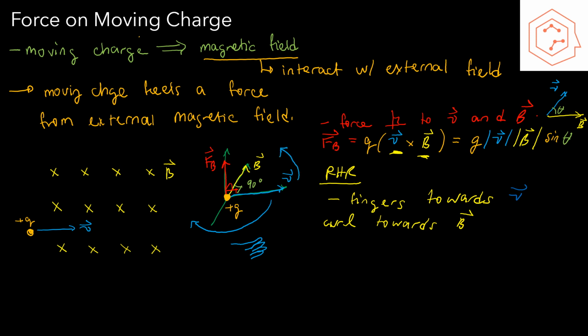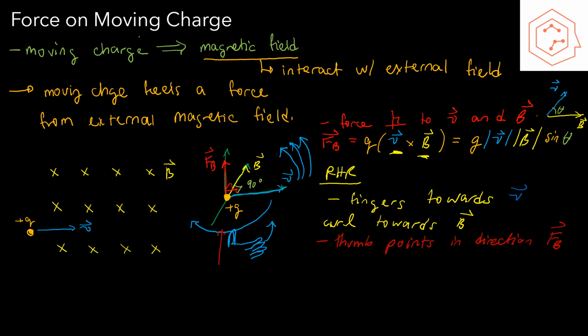The shorter direction is curling inwards towards the magnetic field vector. So if we curl this way, then our thumb is going to be pointed upwards, and that is the direction of the force. So the thumb points in the direction of the force.